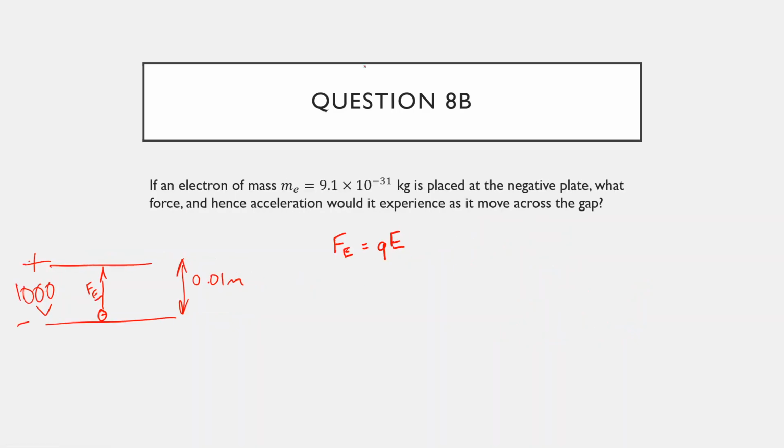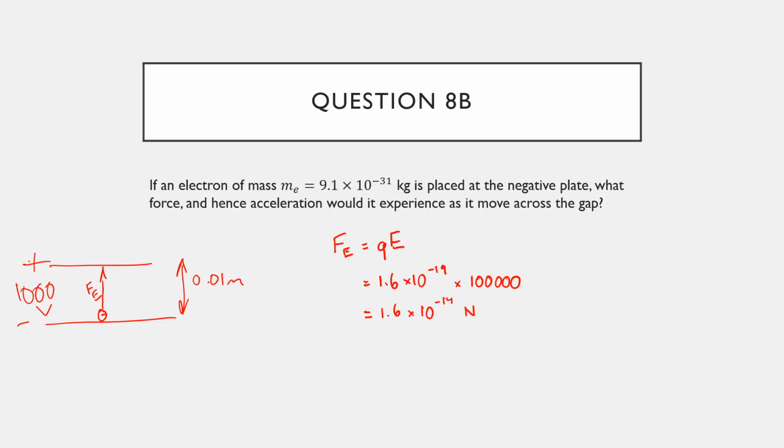So we know the charge of an electron, that is 1.6 times 10 to the negative 19 coulombs, multiplied by 100,000 for the electric field strength. And we end up getting something on the order of 1.6 times 10 to the negative 14 newtons of force.